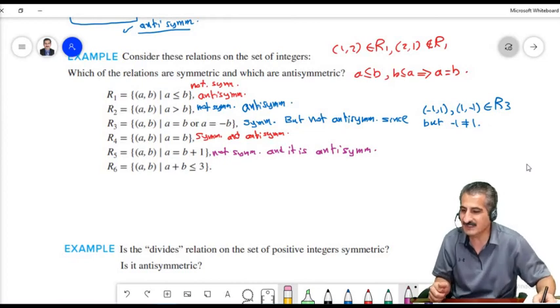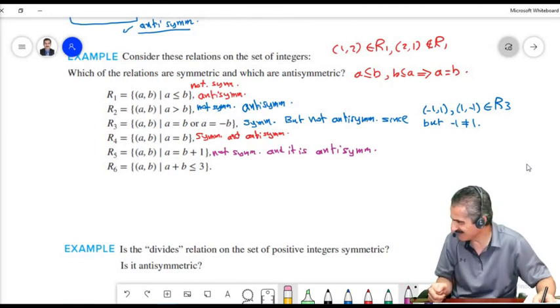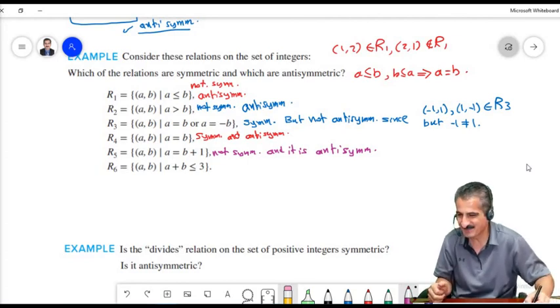What about R6? Is it symmetric? It is not symmetric? No? Amjad, yes, you are right. Amjad, tell them why it is symmetric. If A plus B is less than or equal to 3, then B plus A is less than or equal to 3.